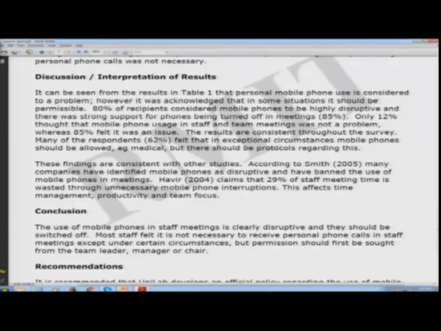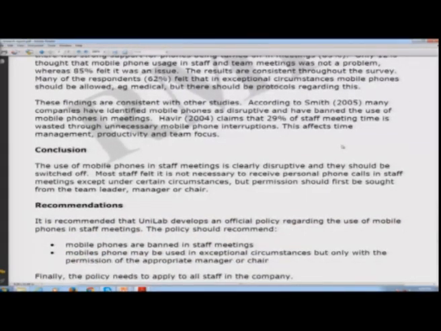Many of the respondents, 62%, felt that in exceptional circumstances, mobile phones should be allowed, for example, medical, but there should be protocols regarding this. These findings are consistent with other studies. According to Smith 2005, many companies have identified mobile phones as disruptive and have banned the use of mobile phones in meetings.